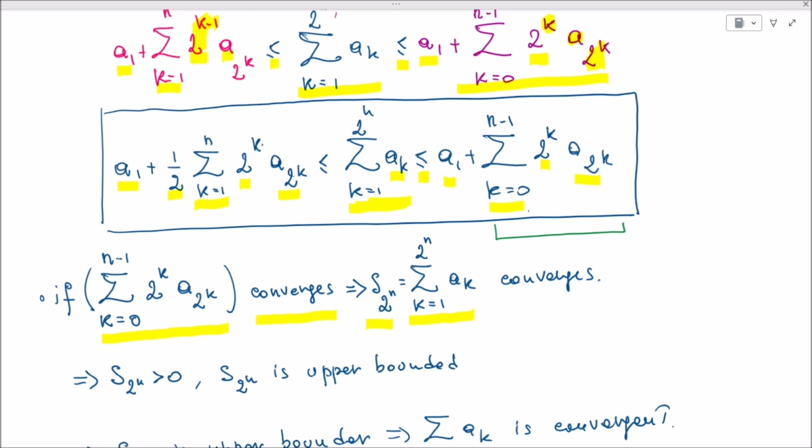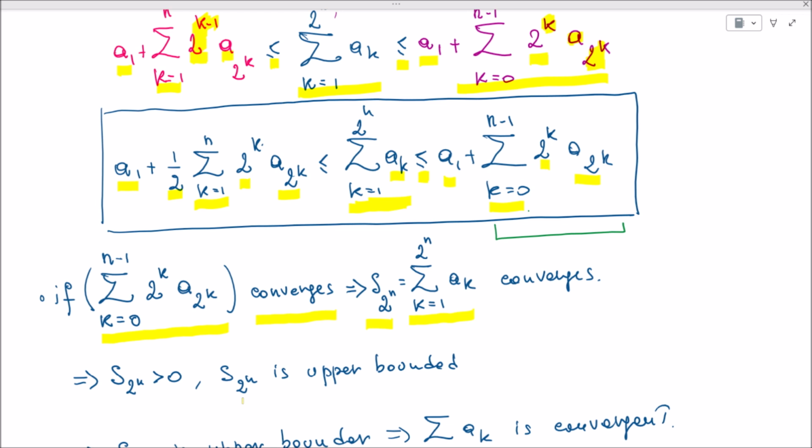But because s_{2^n} is a positive sequence, all the partial sums are positive elements, and these are weakly increasing, the only possibility now is that s_{2^n} is upper bounded.